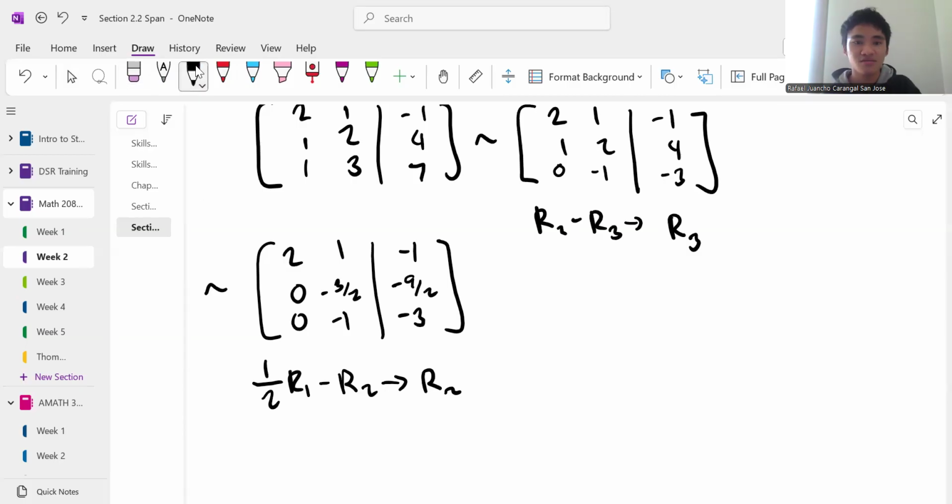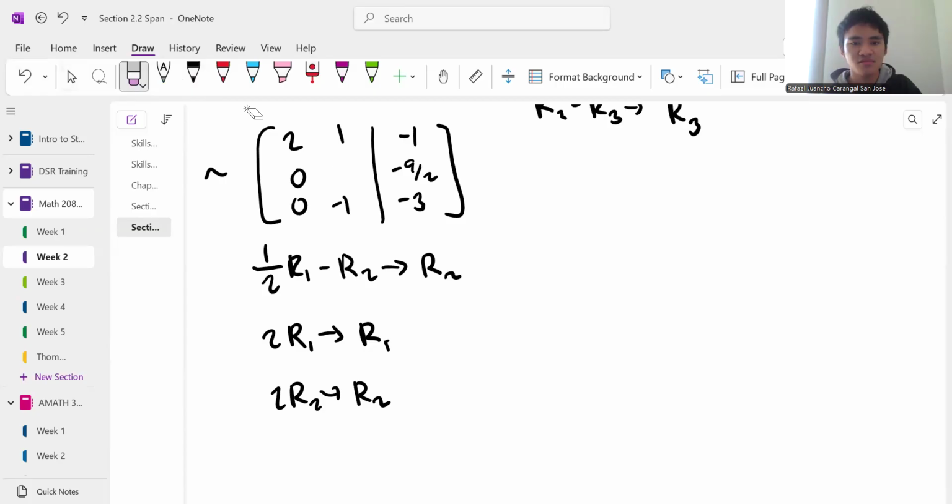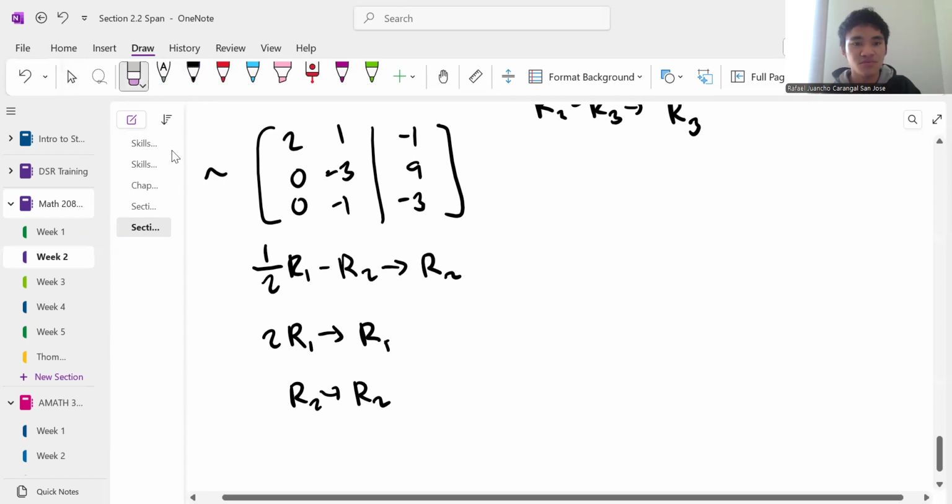I'm doing 2 steps here. I'm multiplying everything by 2 just to get rid of those fractions. Negative 3 and negative 9. So what I could do is multiply it by 2 divided by 3. That gives me a negative 1 and a 3, right?